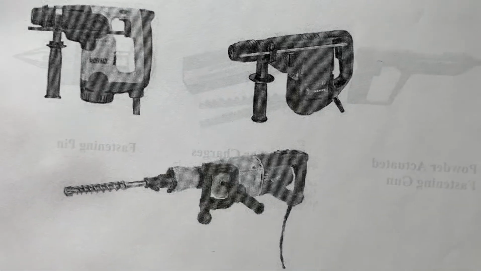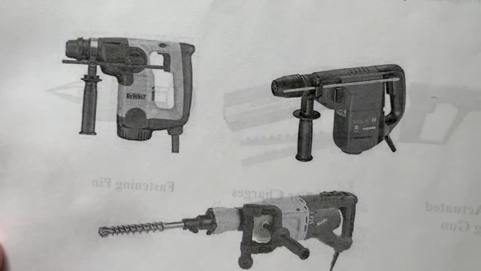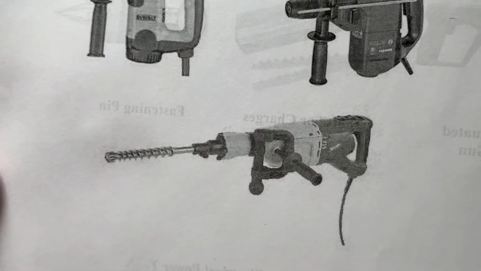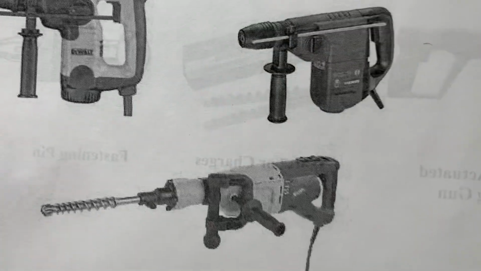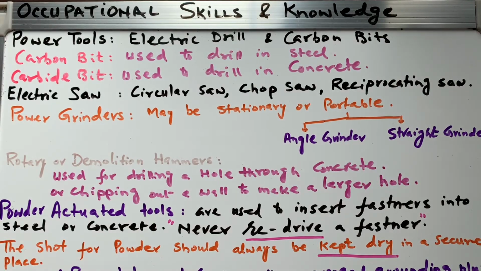You can see here the different types of drill machines, and you can see the heavy bits on them, right? These are the hammer or rotary demolition hammers, right?